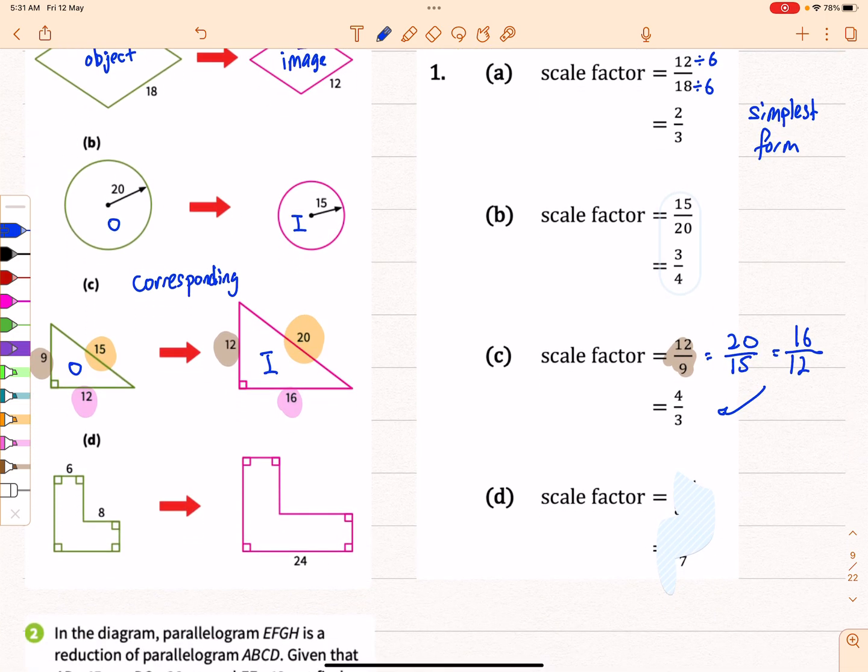Lastly, if you look at the last shape, you must be wondering, I don't have this length, I don't have this length. Now I have this length, but do I really have this length? Pause a while, think about it.